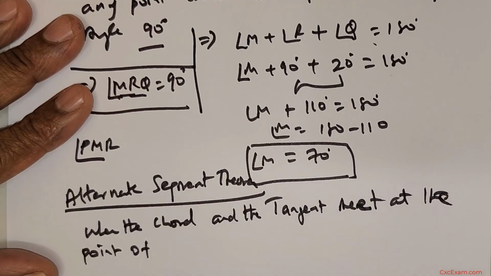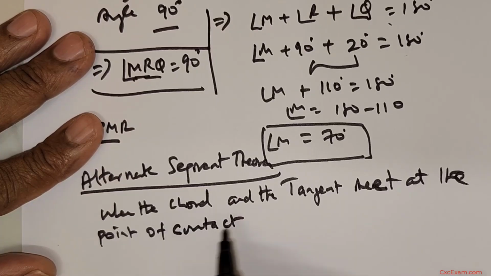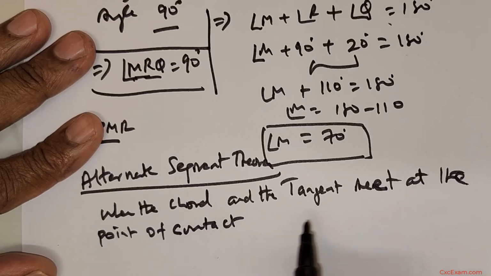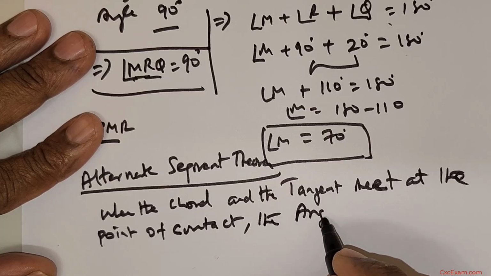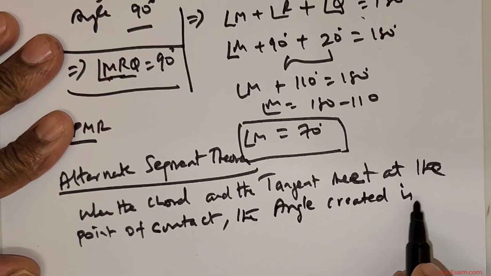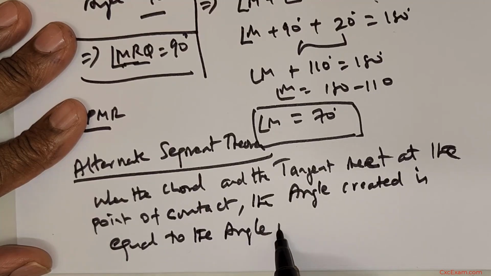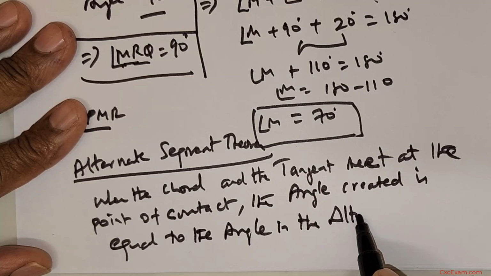We are mentioning it as a tangent, but we can simply state it as point of contact. So when the chord and the tangent meet at the point of contact, the angle created is equal to the angle in the alternate segment.